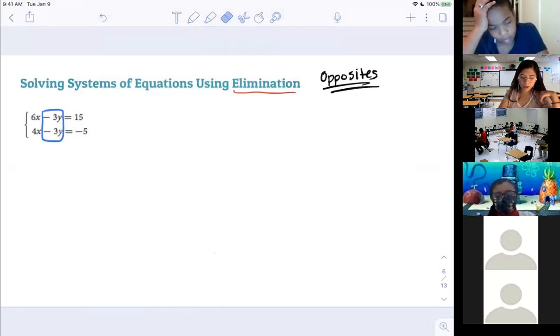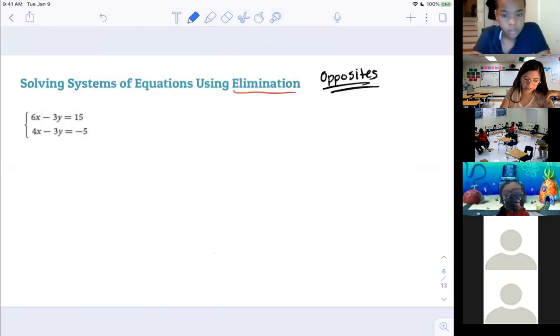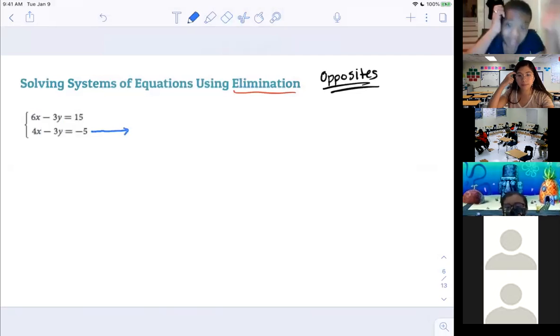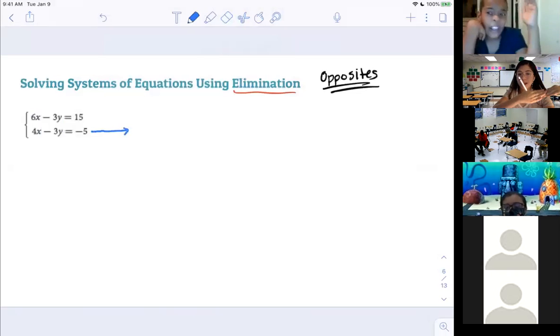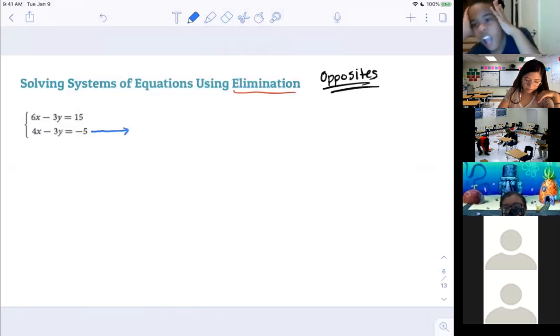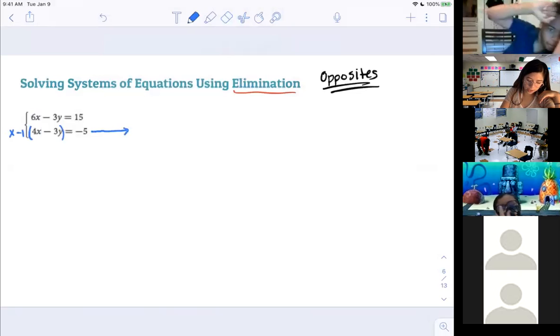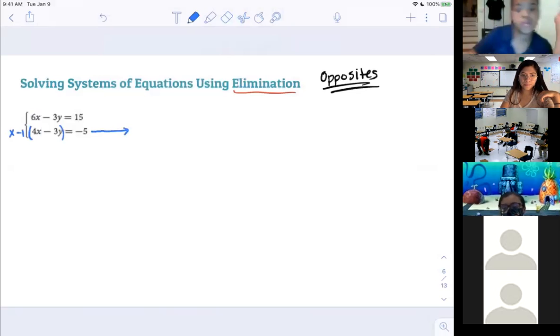So I could choose whichever one I want, but let's say I want the bottom one to be a positive 3y. Well, in order to turn that into a positive, I need to multiply it by -1. But that means I need to multiply everything by -1. So what I'm gonna do is multiply this whole entire thing by -1.